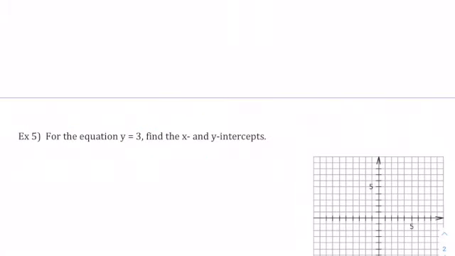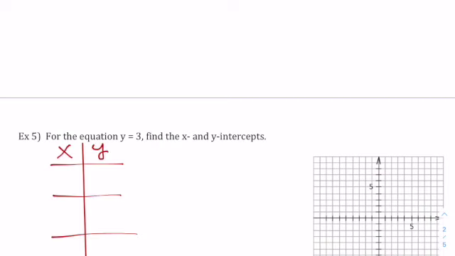On to example 5. For the equation y equals 3, find the x- and y-intercept. All right. Now, remember what we talked about in the last video. I told you guys, if you have y equals 3, that means you get to pick y as 3, 3, 3 all the time. But what can you pick for x?